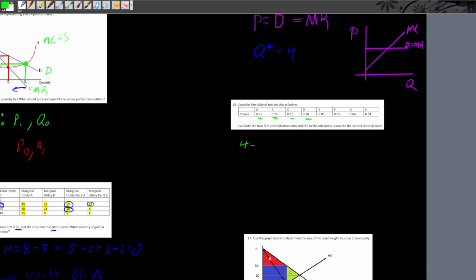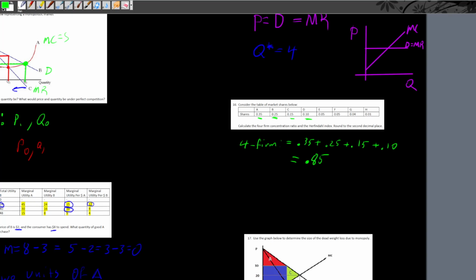So the 4-firm concentration ratio is equal to 0.35 plus 0.25 plus 0.15 plus 0.10. Simplifying that down, we get 50, 60, 70, 80, 85, so it'd be 0.85. So this market's really concentrated. The 4 largest firms control 85% of the market share.